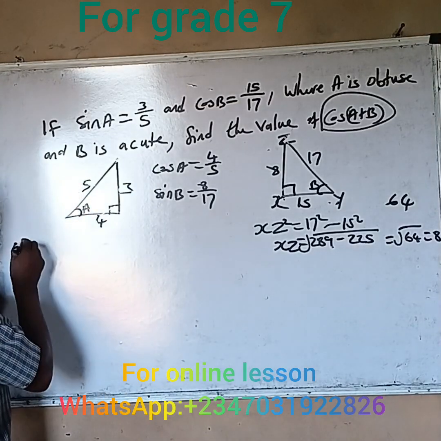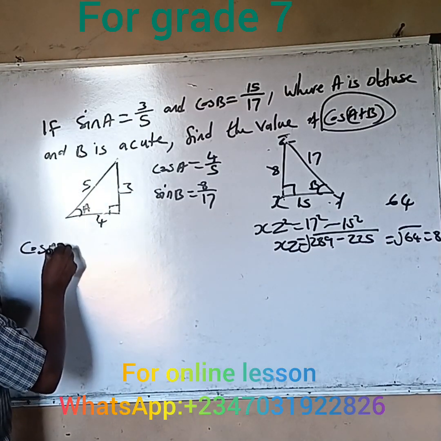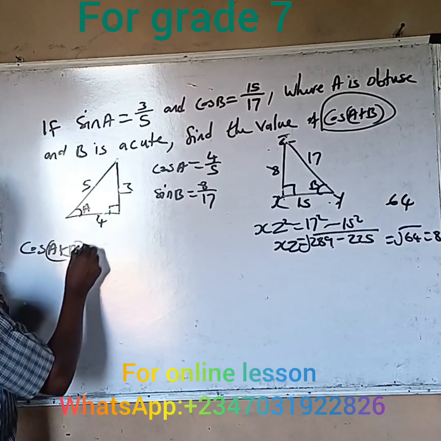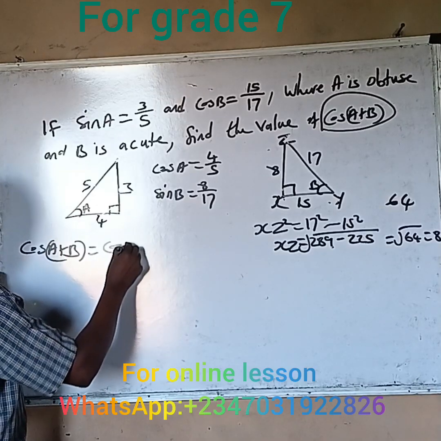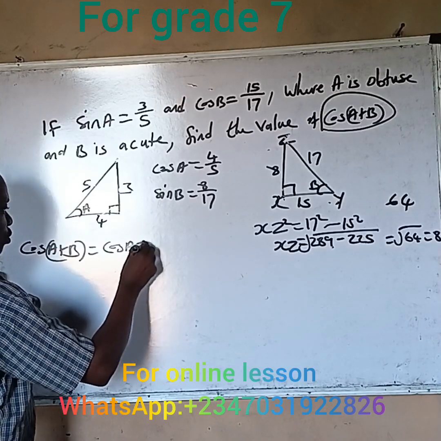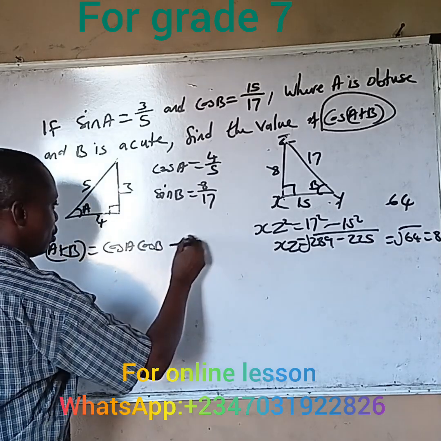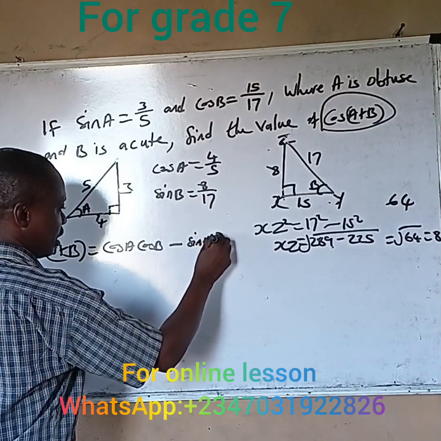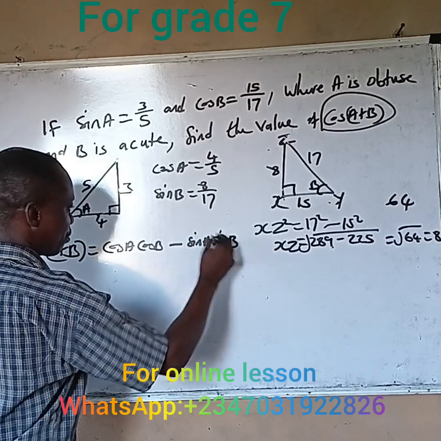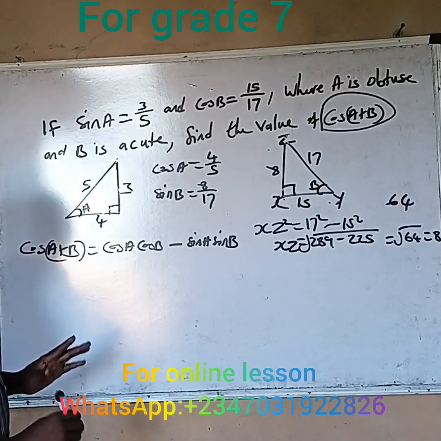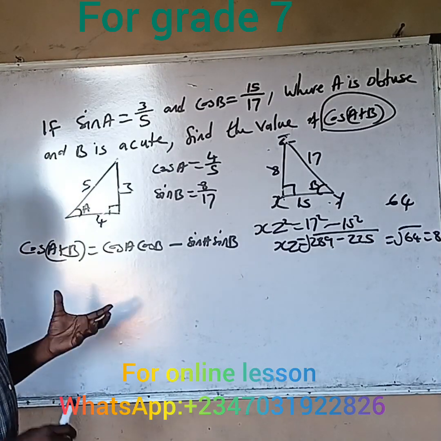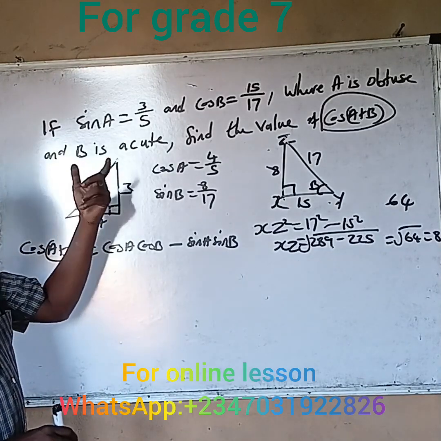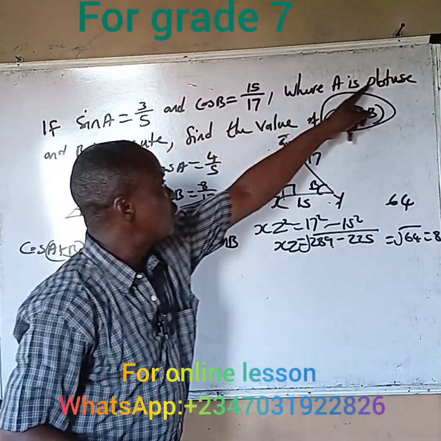Now, going back to cos of A plus B, we discovered just now that it is cos A cos B minus sine A sine B. Now, there is a clause to the question. They give a conditional statement: A is obtuse.